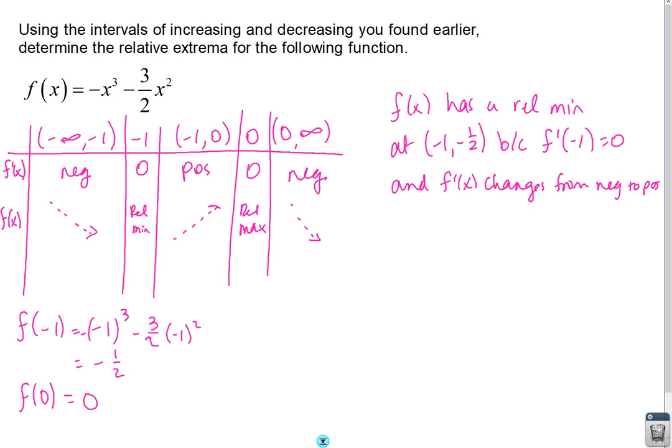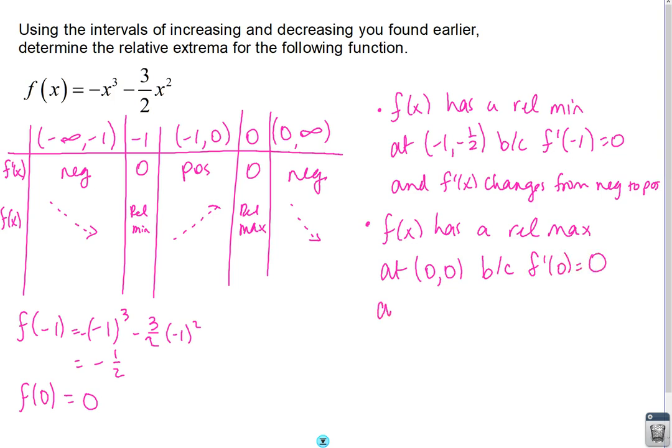And then f of x has a relative maximum at 0, 0, because f prime of 0 is equal to 0, and f prime of x changes from positive to negative, okay?